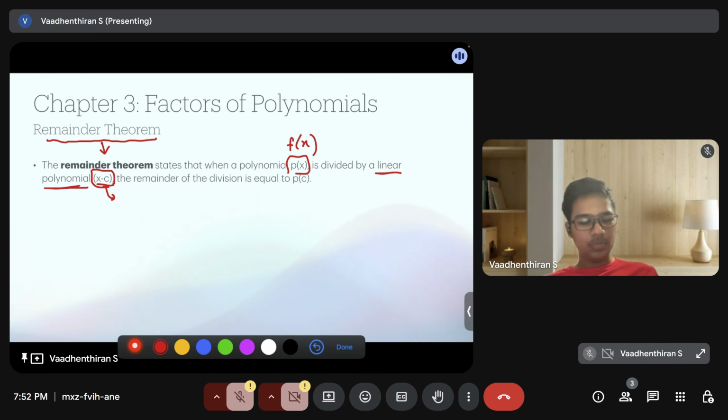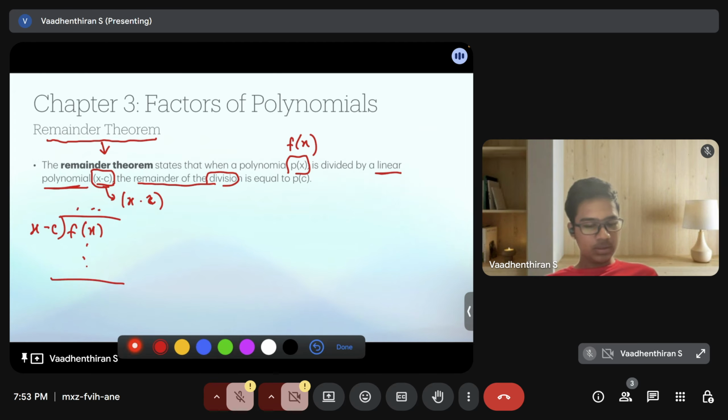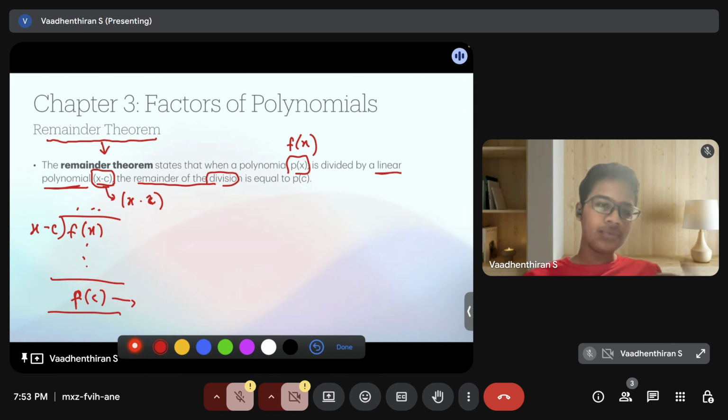If this linear polynomial is in the form x minus c, then when you divide f of x by x minus c and get a quotient, the remainder will be f of c. This is how the factor theorem comes from the remainder theorem itself.